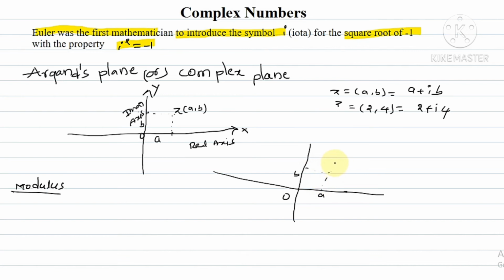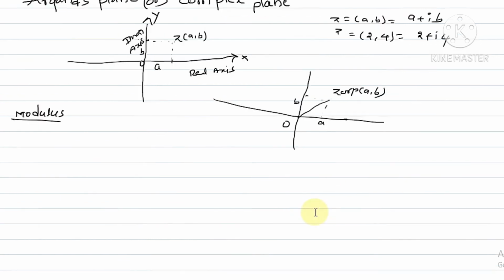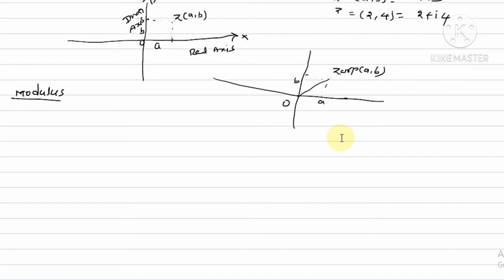So this point I am representing as z or P of a comma b. Clear? So this is O. Modulus is nothing but the distance OZ. The distance of OZ is modulus. O coordinates are 0, 0 and Z or P coordinates are a comma b.